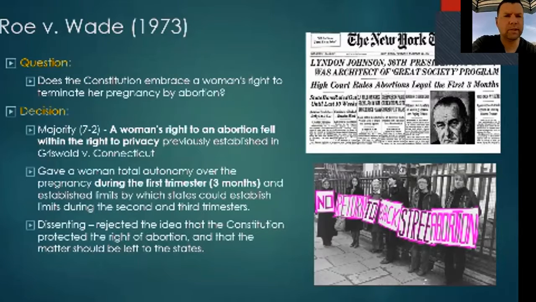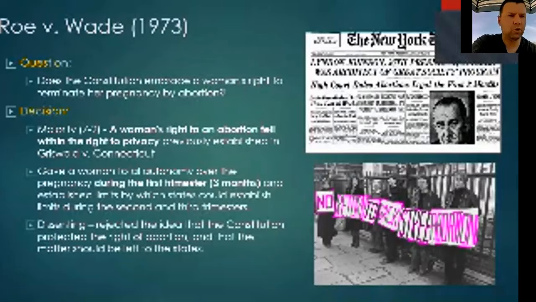So further into the pregnancy, states are going to have more and more laws and regulations about getting an abortion at that point. And of course, there were some dissenters. The 2 dissenters completely rejected the idea that the Constitution would protect abortion rights at all, and that should be completely left up to the states to decide whether abortion should be legal or not.